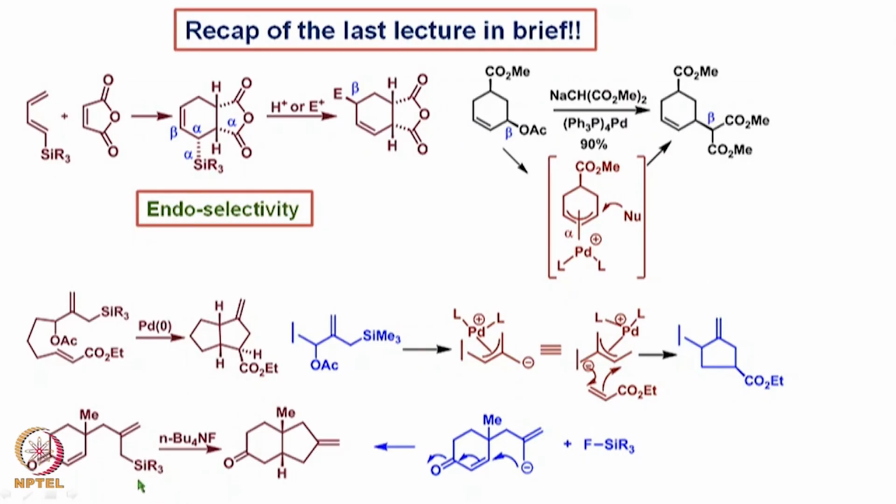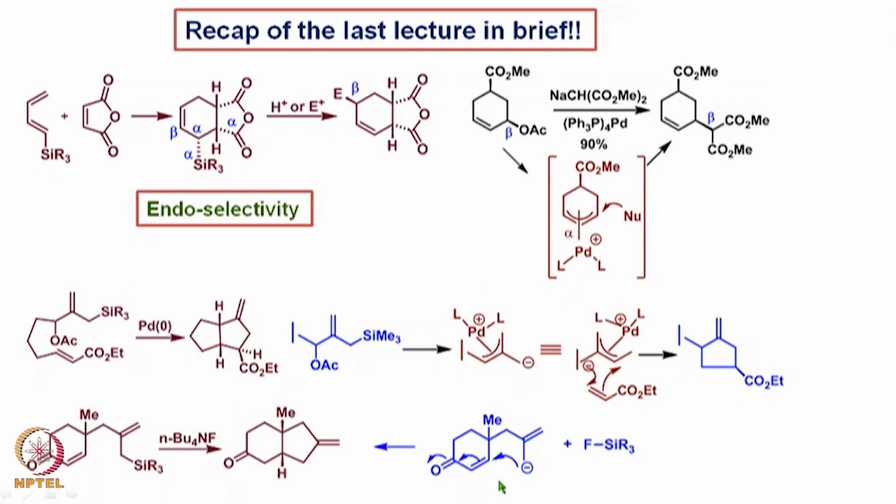Finally, we also looked at the intramolecular cyclization of an allyl silane under basic conditions, in which tetrabutyl ammonium fluoride was taken as a nucleophile which interacts with the silicon, making a strong silicon fluorine bond and generating an anion here, which then allows cyclization in this particular fashion to occur.